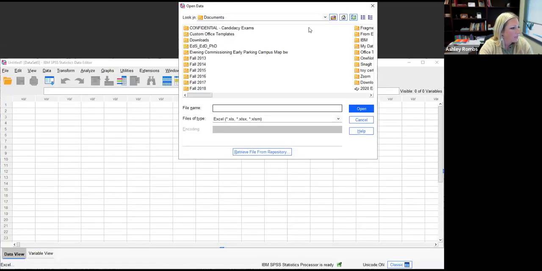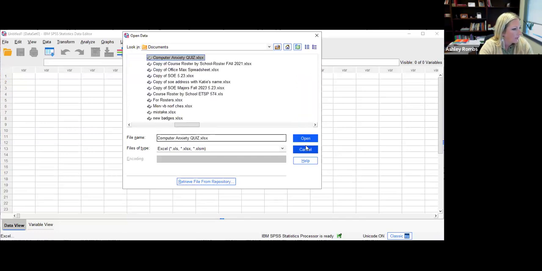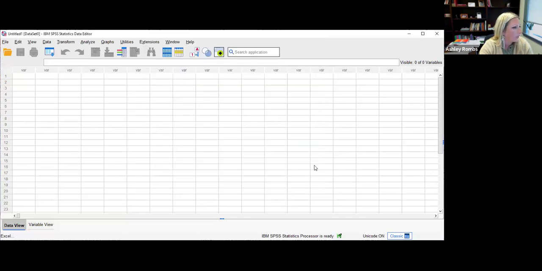I had saved it under documents, and I know it started with a C. Oh yeah, the computer anxiety quiz. This has been the same set of data the whole way through, correct? The anxiety quiz, it's been the same set of data for all the quizzes so far, right?